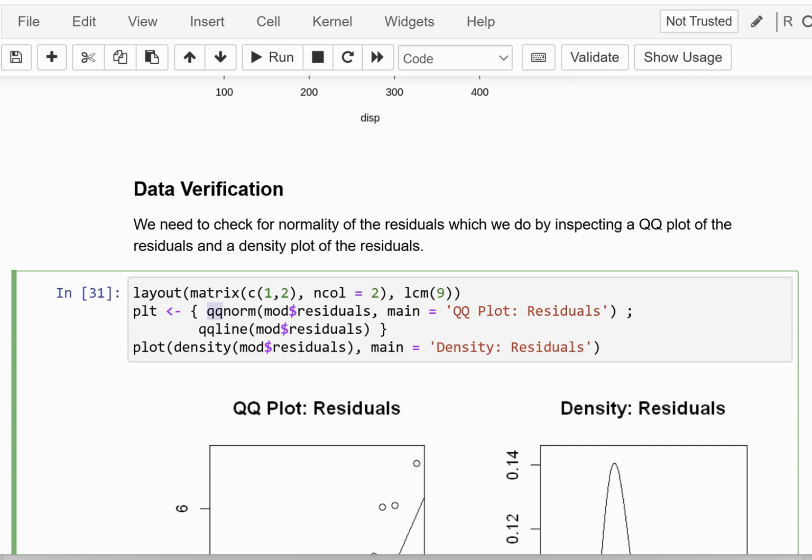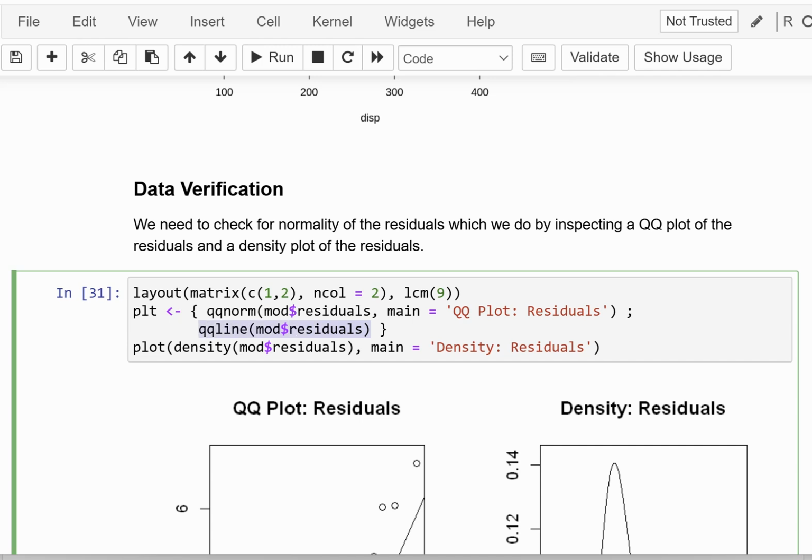And here we go, qqnorm model$residuals. So the model does have data frame output, and $residuals is getting me that column. Okay. And then I'm plotting the QQ line.